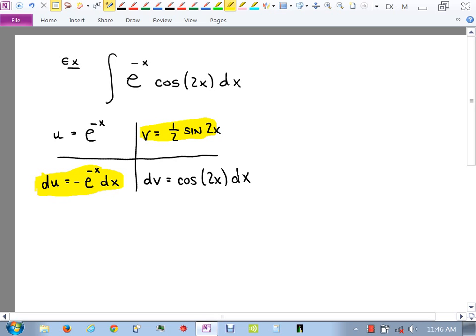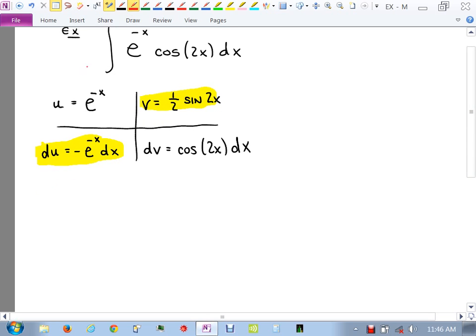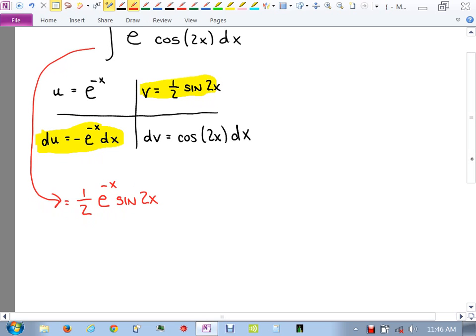And now you could try a different way. Choose another u, choose another dv, and you're still going to be in the same spot. Well, you just got to try. So let's see what would happen. We would have uv, which would be 1/2 e to the negative x sine 2x, minus the integral of voodoo.